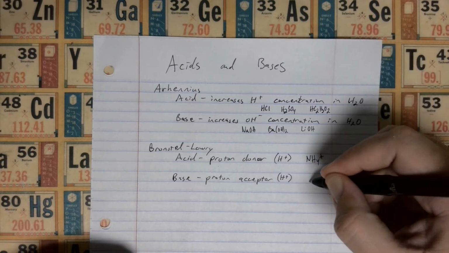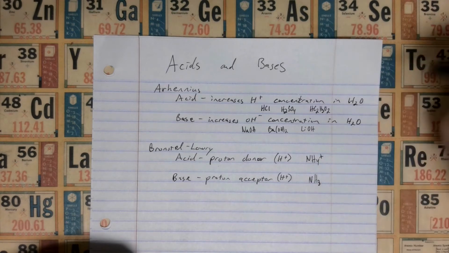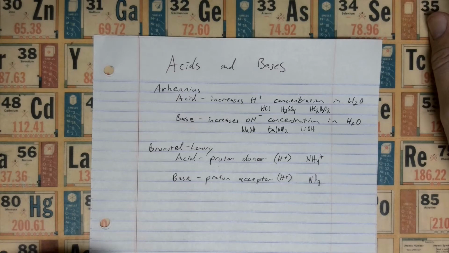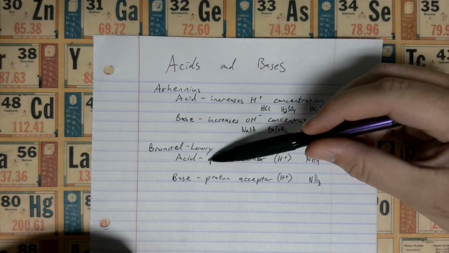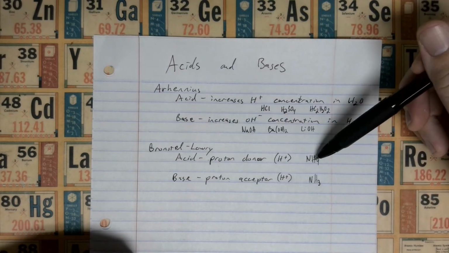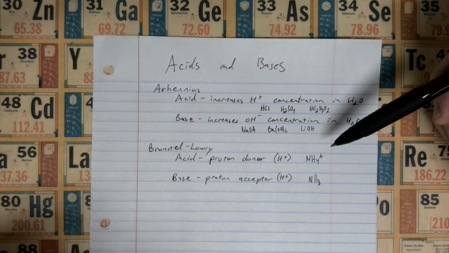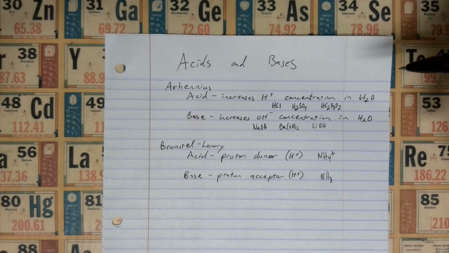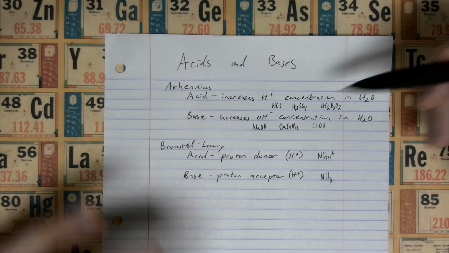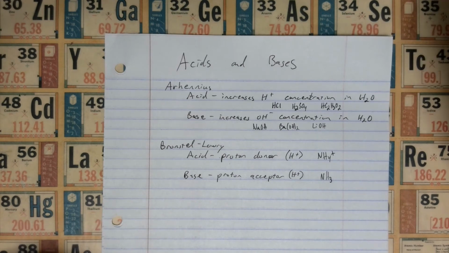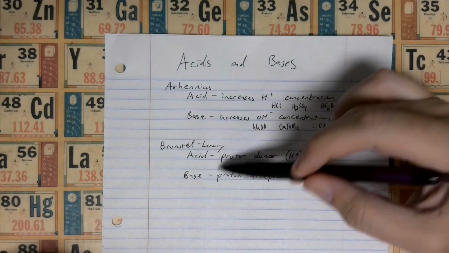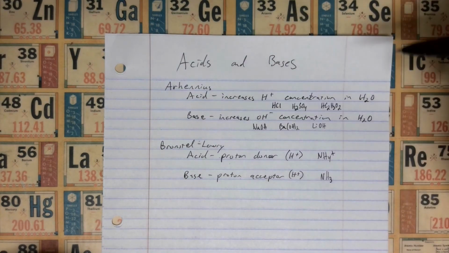And a base is something like NH3, because the nitrogen has an extra lone pair, and it can then accept an extra H. So when we say proton donor, proton acceptor, we're talking about the H plus. What we can do then is determine the acid, the base, and then the conjugate acid and the conjugate base with this Bronsted-Lowry definition. In this class we're going to specifically focus on it.